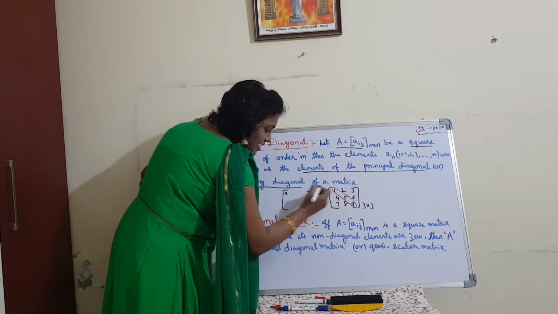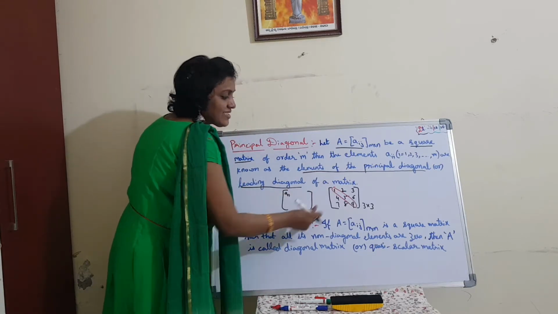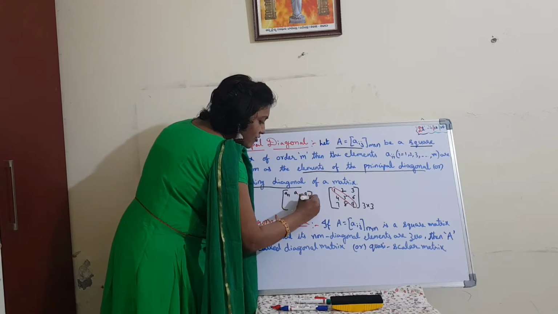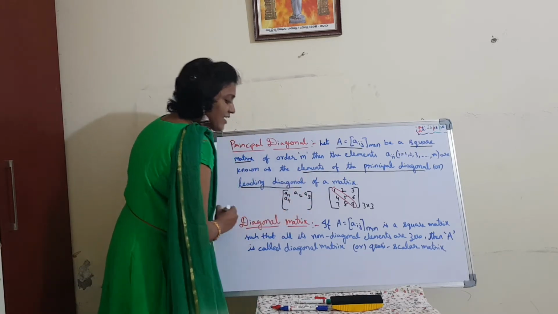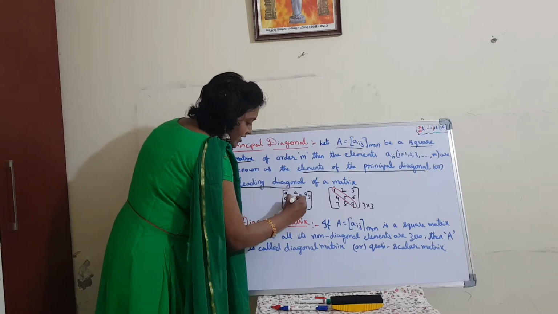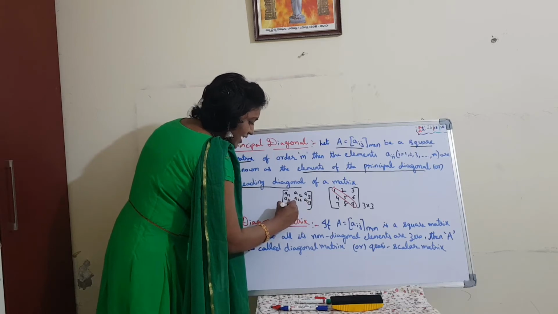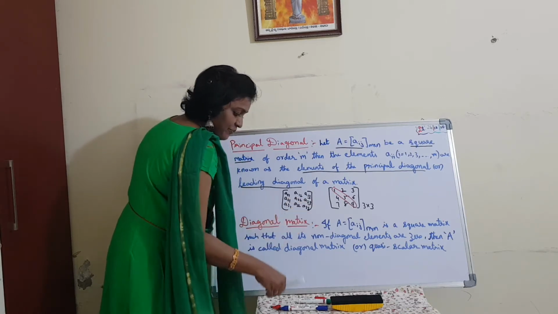What is the first element? First element place a11. Second element a12, a13. And next, the second row, first column, a21, a22, a23, a31, a32, a33.